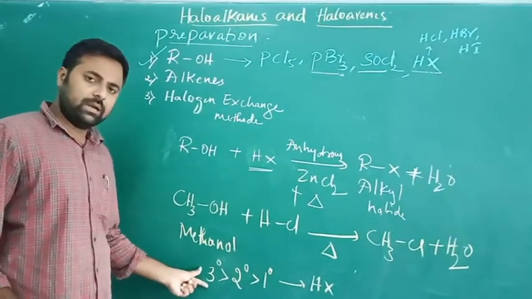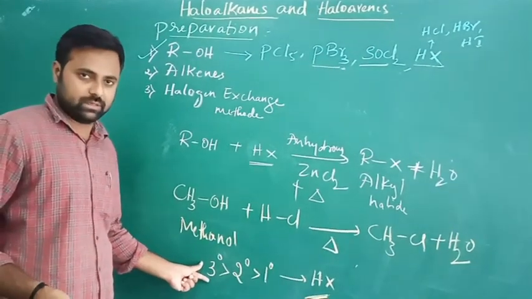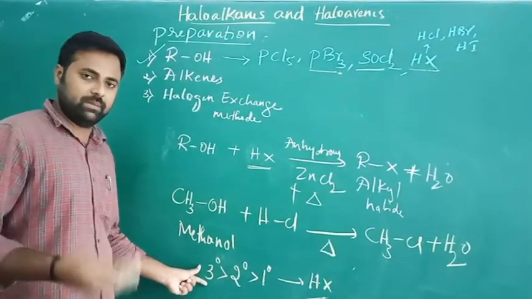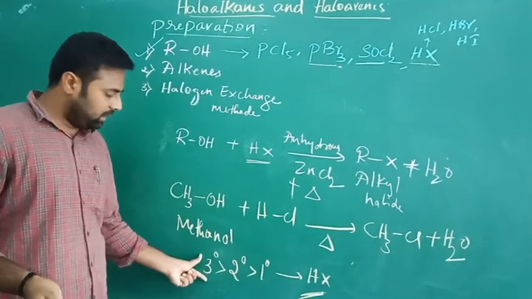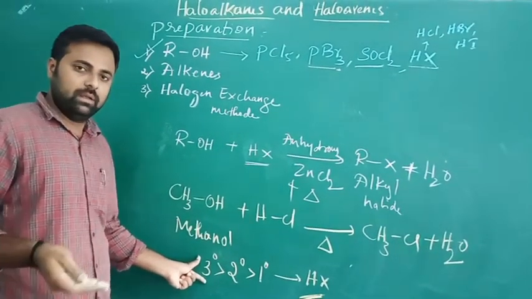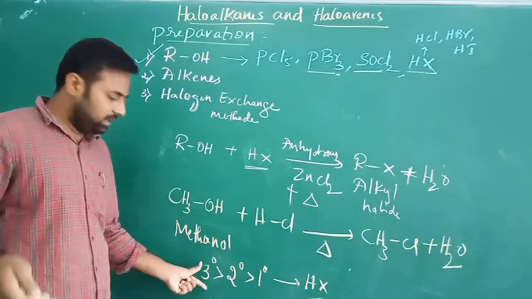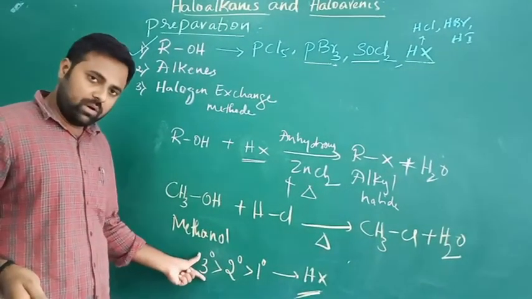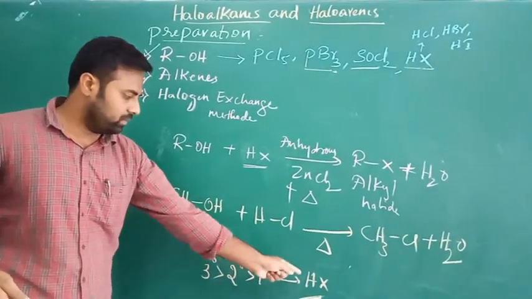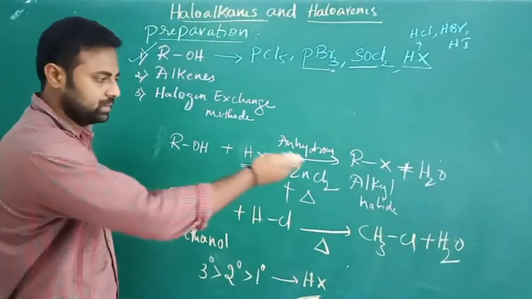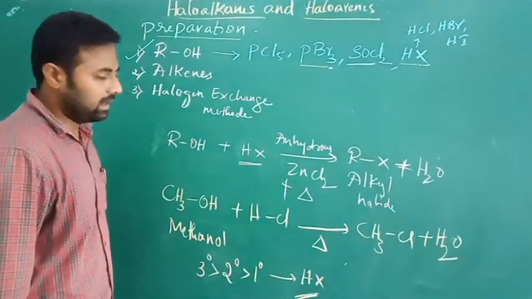Here the carbocation will form during the reaction. Tertiary carbocation is more stable than secondary, and secondary is more stable than primary. Where the carbocation is more stable, the reaction proceeds easily. That means tertiary alcohols are more reactive than secondary and primary towards the halo acids to produce the respective alkyl halides.